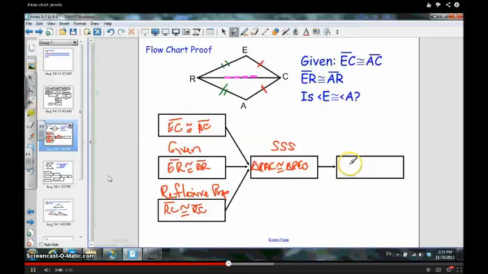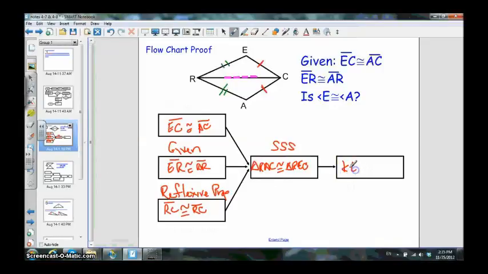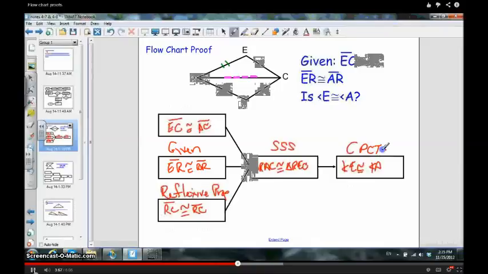The last thing we have is that the angles are congruent. Angle E congruent to angle A. And those are congruent because of corresponding parts. I know her writing's floppy. I'll say it. It says angle E. It's actually right here in blue. Angle E is congruent to angle A by CPCTC.